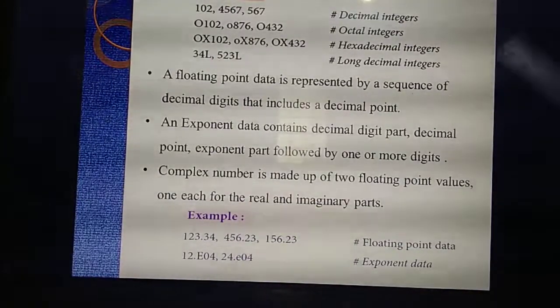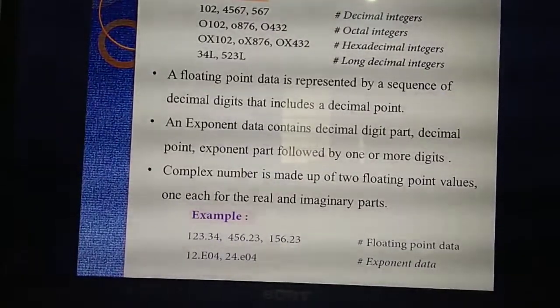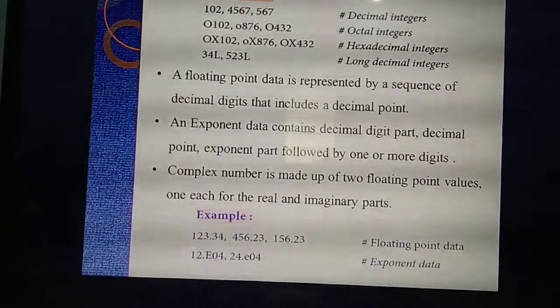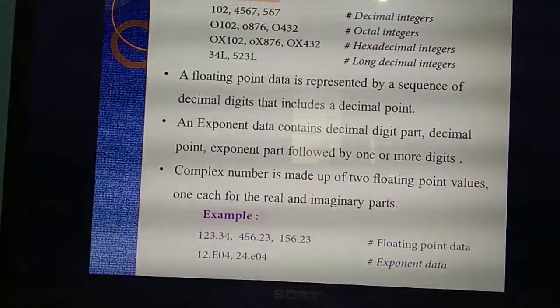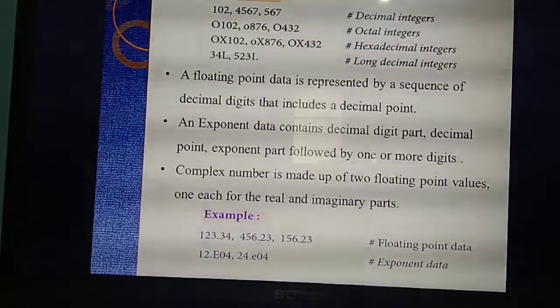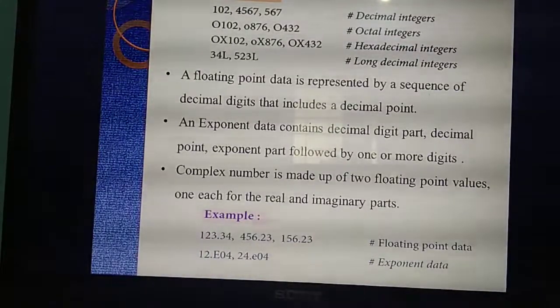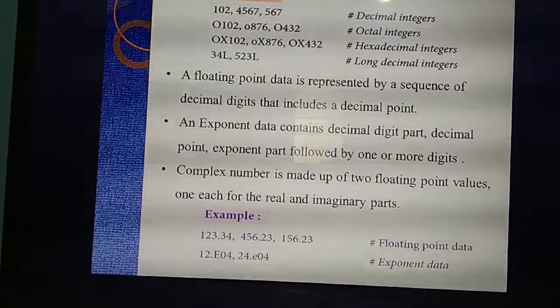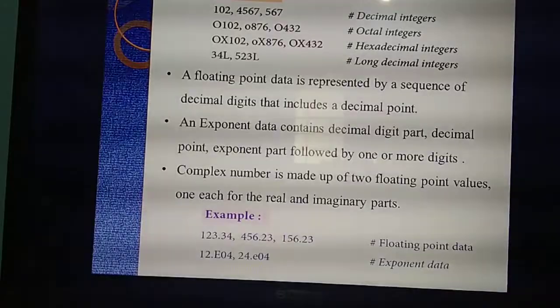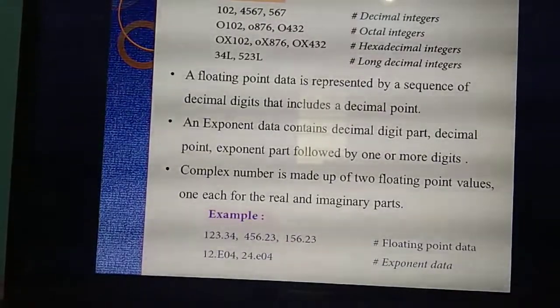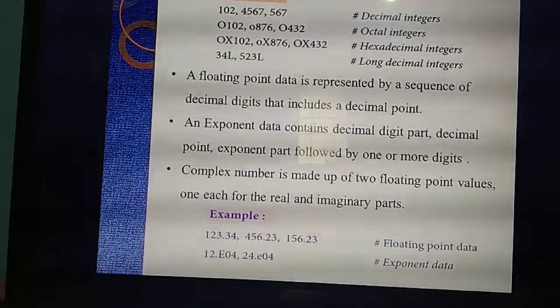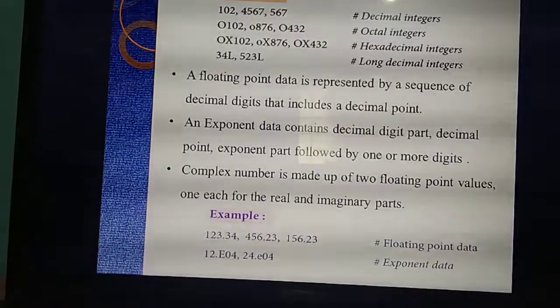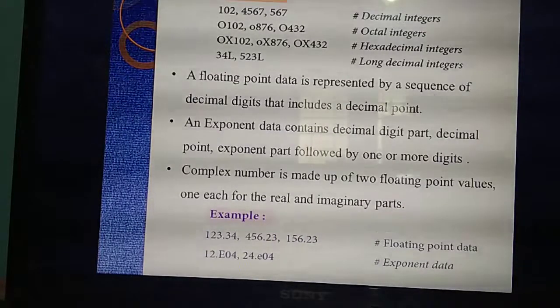Okay. So the next thing is floating point. Which numbers are we calling floating point numbers? Point numbers, isn't it? Yes. The numbers that are represented with a decimal digit, that means a decimal point. The collection of those decimal point numbers, we call them which data? Floating point data.